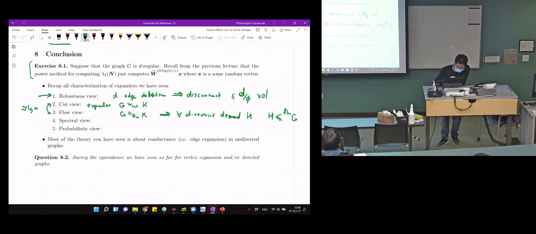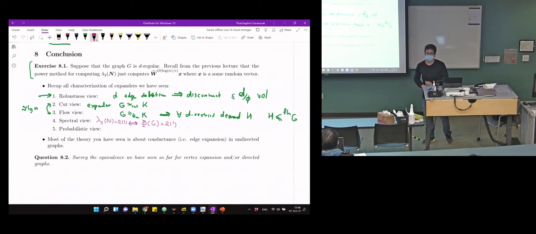Also, the spectral view, this is just to say that this is big if and only if this is big, right? And the more precise relationship is by what? Yeah, right.